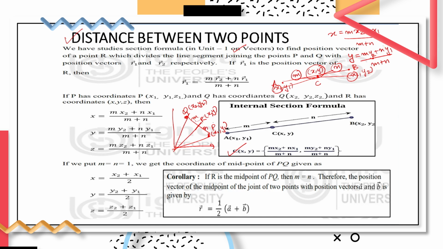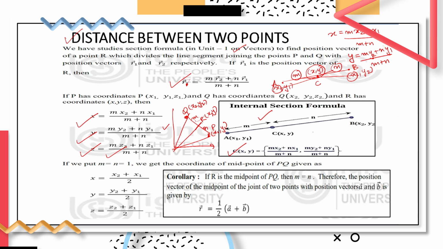This is the representation of the same section formula in terms of the coordinates x and y. Then you will get the vector R, it should be R, not R1, equal to m times R2 plus n times R1 upon m plus n, where R is the vector representing point R. So we learned that if it is 3-dimensional space, then the internal section formula follows this, that is mx2 plus nx1 upon m plus n, my2 plus ny1 upon m plus n, mz2 plus nz1 upon m plus n.